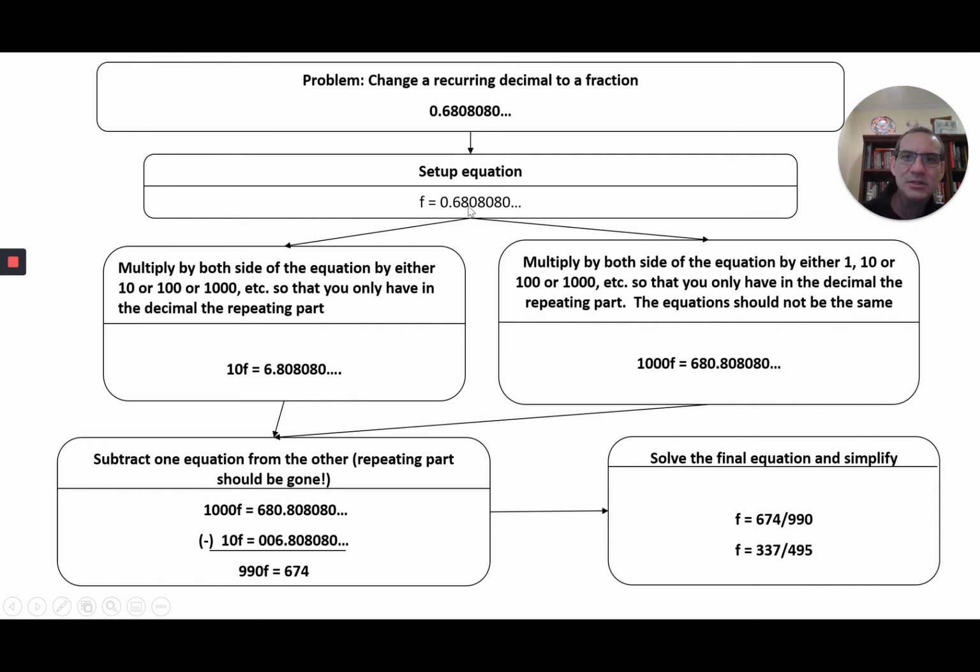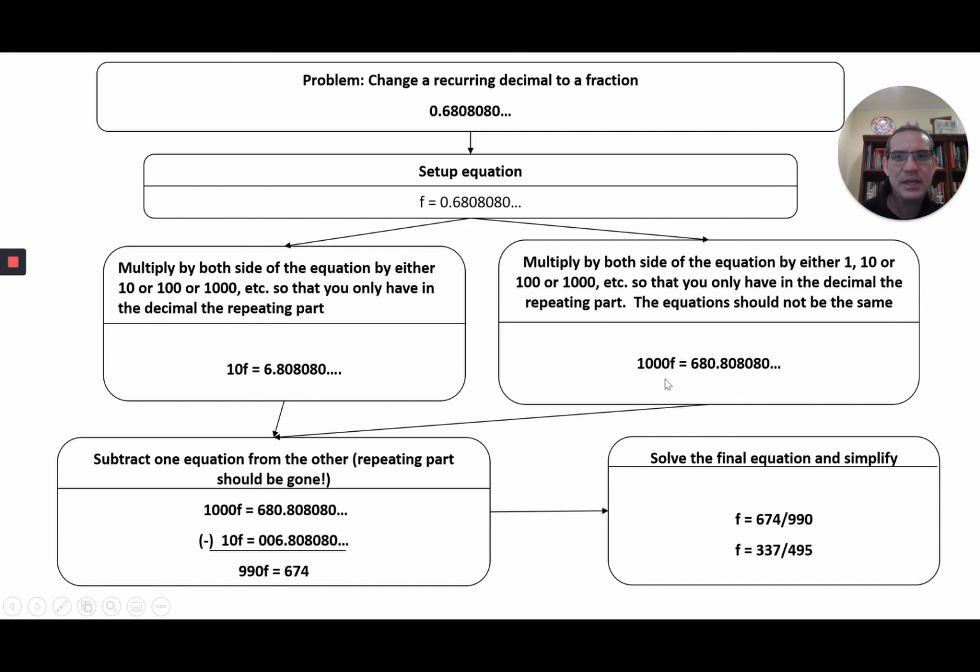I cannot do 100 because that will give me 68.0808080, so I still have that 0 bugging me here. So I have to multiply this equation by 1,000. Then I will have the 80, 80, 80, because if I multiply by 1,000, I move the period three places to the right, and I end up with what I need.